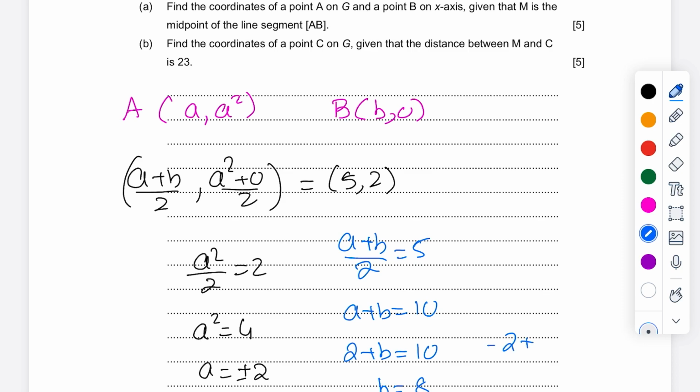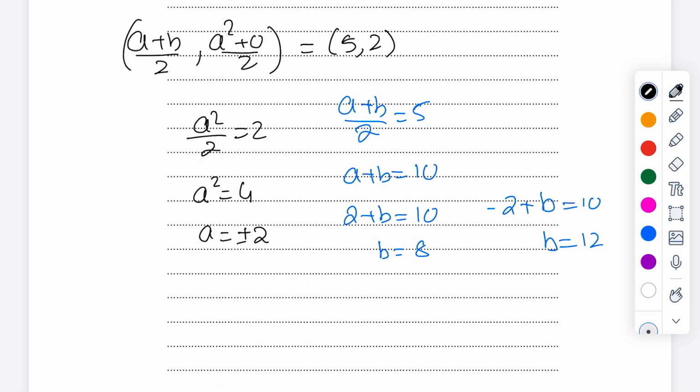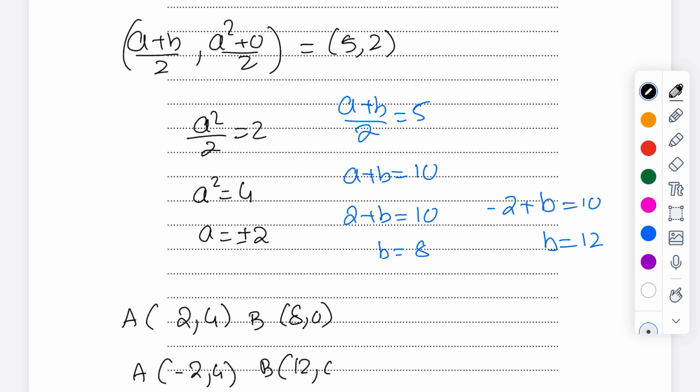If a is minus 2, then minus 2 plus b equals 10, b equals 12. So what will be the points now? A will be (2, 4) and B will be (8, 0), or if I take a as negative 2, A is (negative 2, 4) and B will be (12, 0).